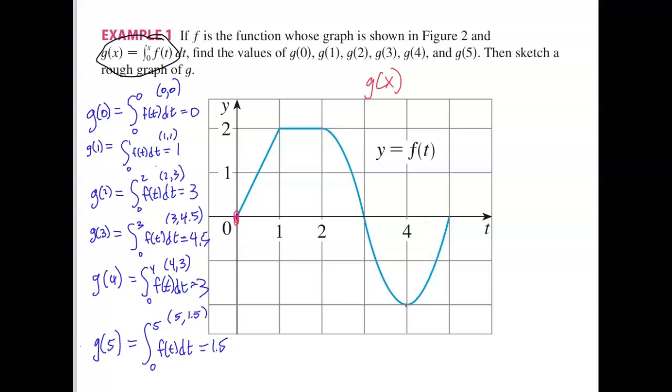So we'd have 0, 0, we'd have 1, 1, we'd have 2, 3, 3, 4.5. It's going to be like way up here. 4, 3, 5, 1.5. So probably something like this. Right?